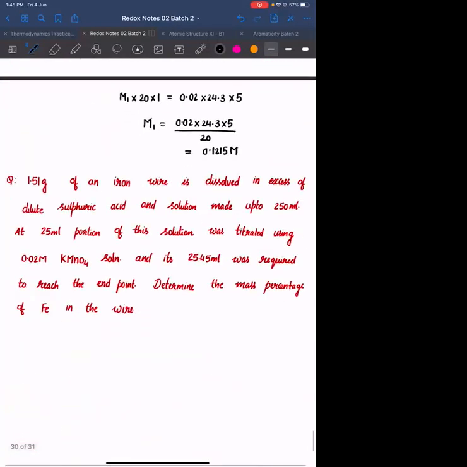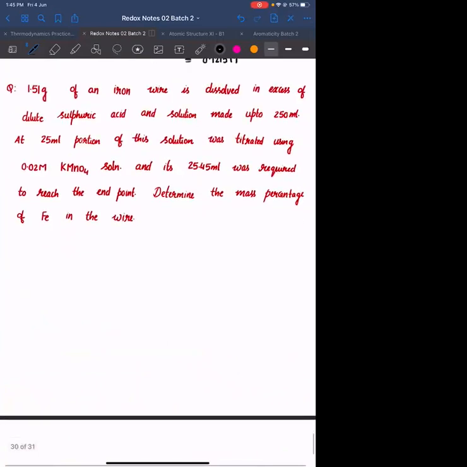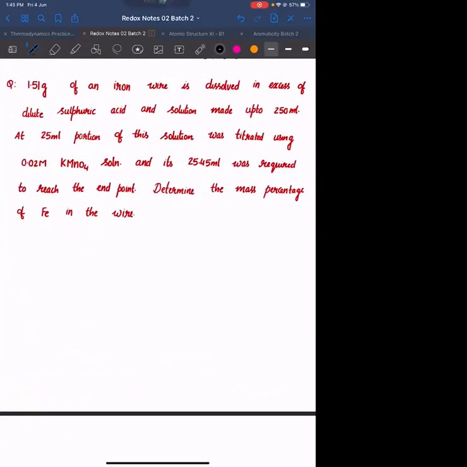Okay. Next question. Understand the question and try to solve it. 1.51 gram of iron wire is dissolved in excess of dilute sulfuric acid and the solution is made up to 250 ml.